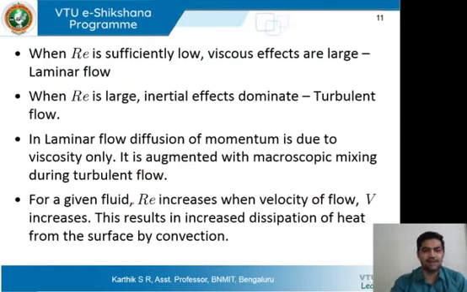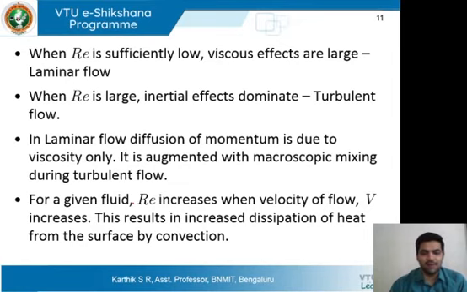For an internal flow situation, for a pipe flow, Reynolds numbers greater than 2300, we regard them as turbulent flows, and if it is less than 2300, we call the flow laminar flow.